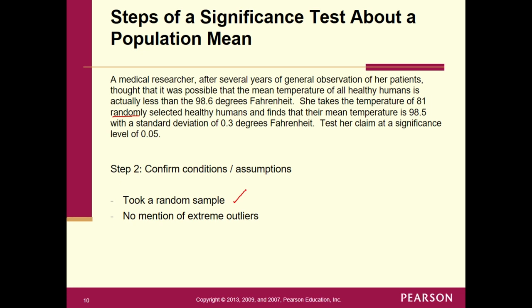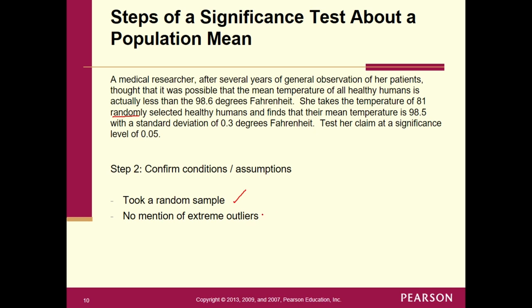So how would we determine if we had extreme outliers? We would maybe make a histogram or a dot plot to see if there's any observation way out there. We might have to see how many standard errors that is from everybody. Things like that. That's what we would do.